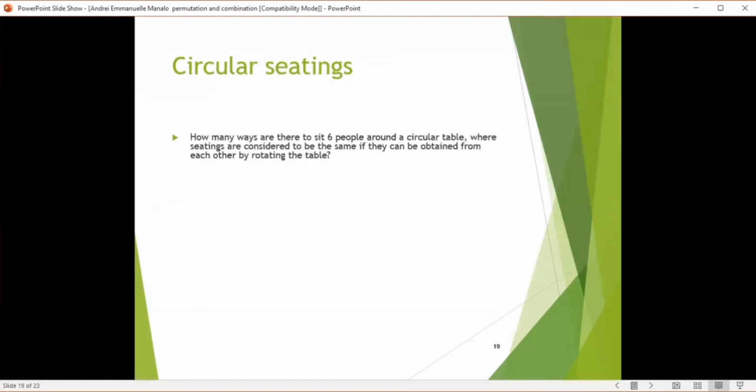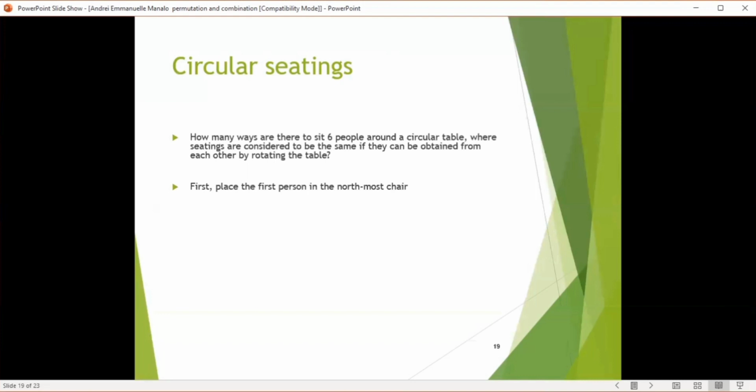Circular settings. How many ways are there to seat 6 people around a circular table where seatings are considered to be the same if they can be obtained from each other by rotating the table?